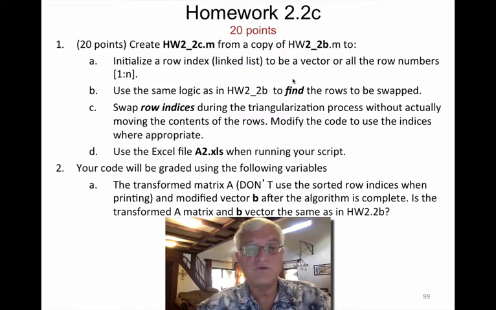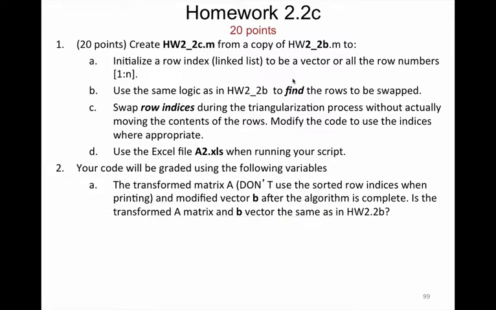And you still need to print things out. You want to use the same matrices and vectors that you printed out in 2.2b, but I want you to do it twice. First, take the A matrix when you're all done and print it out as it is, just the normal way that you would print out a matrix. Then print it out again, but use your new linked list in the row index position.